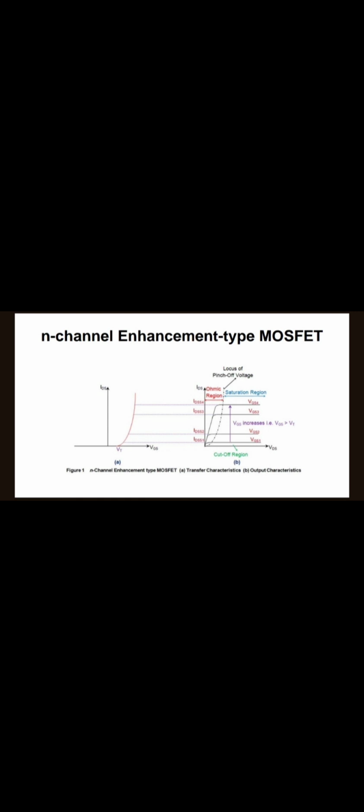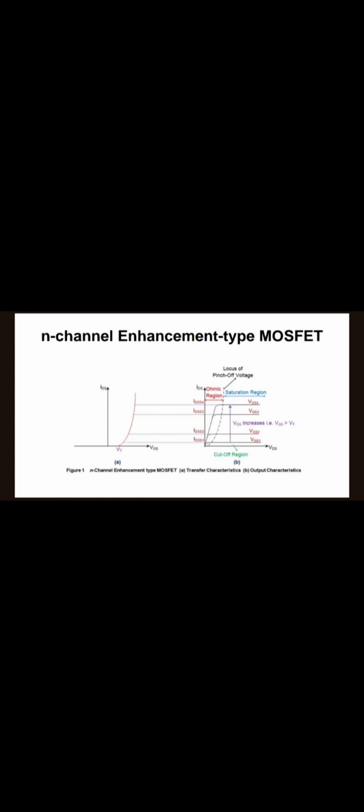So if there is no inversion, then there will be no induction of the charge carriers, as a result of which there is no current and the drain current will be zero. The more the gate source voltage is greater than the threshold voltage, the more will be the induction of the opposite charge carriers as compared to the type of substrate, and the more will be the drain current.